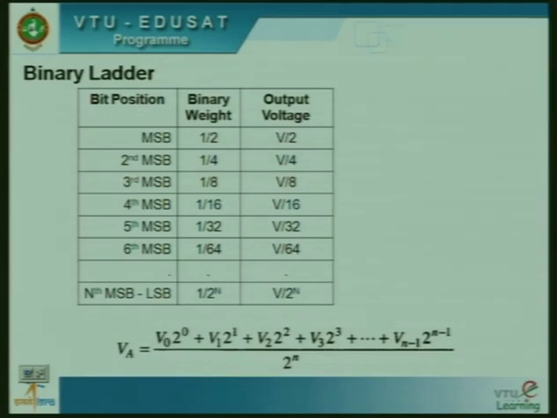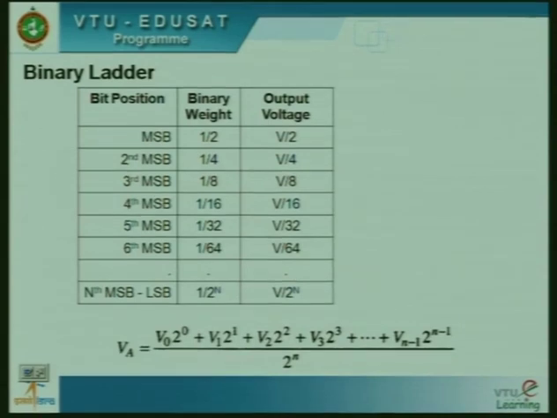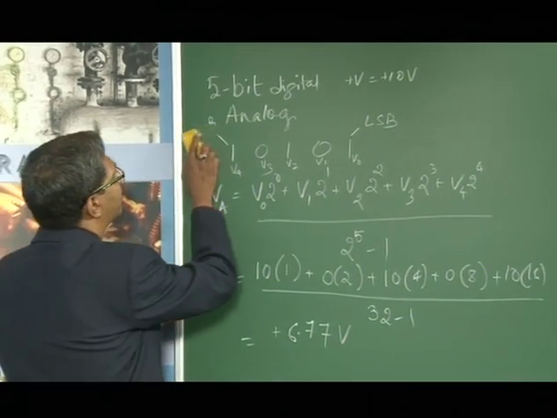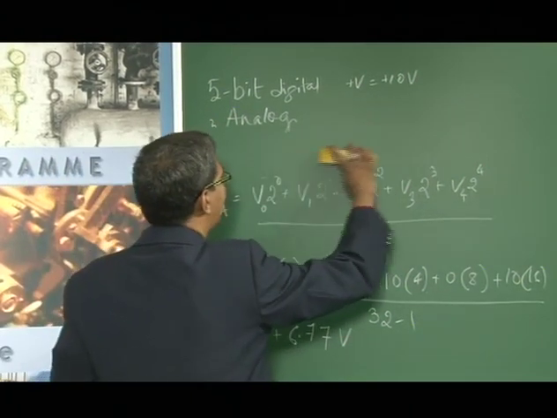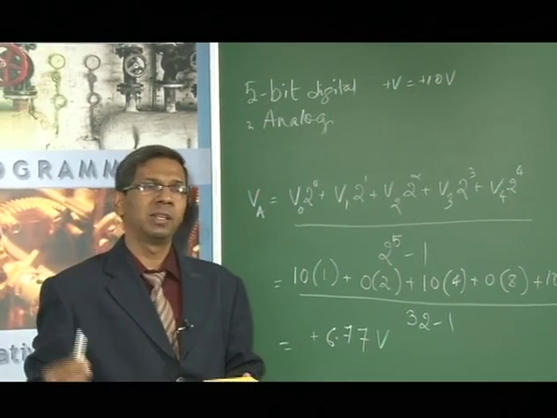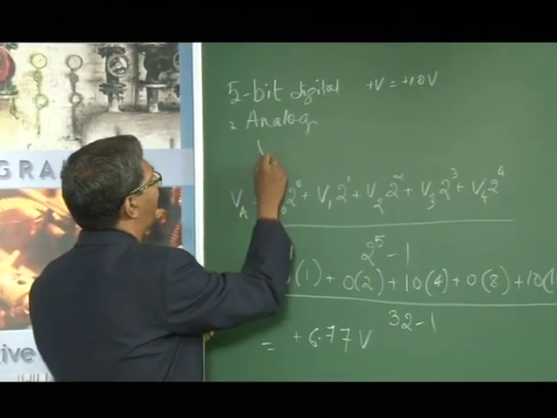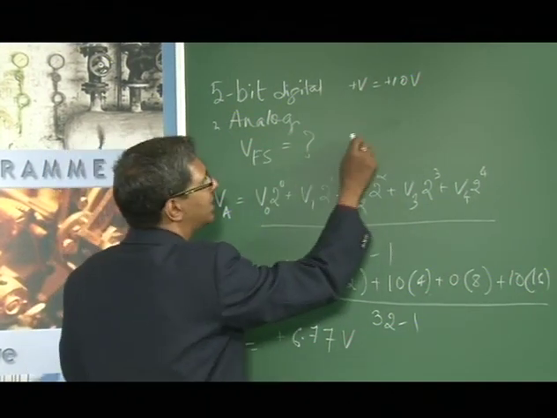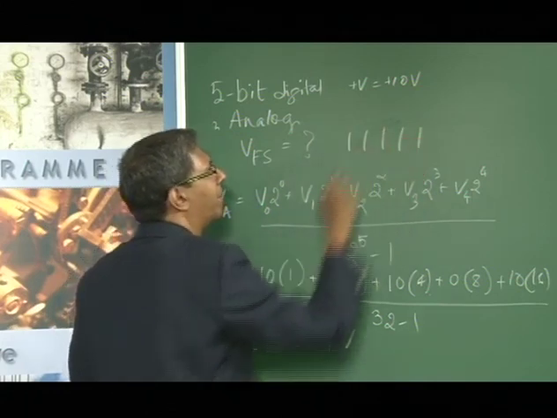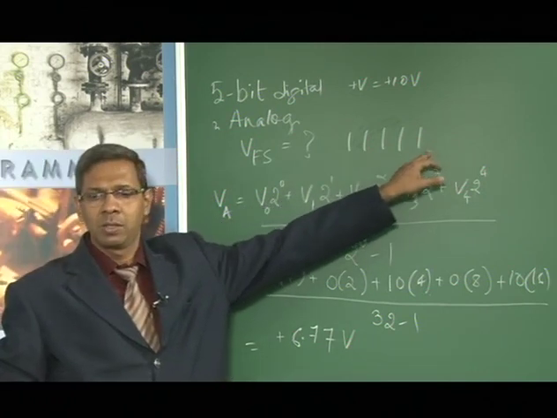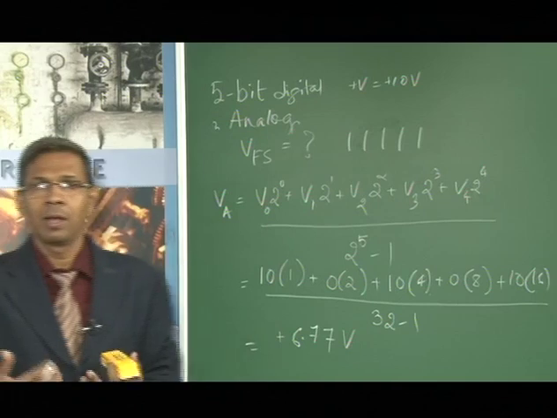Let us try to find the value of the voltage for a full scale, because my implication is that a binary ladder network will never have a full scale value which reaches the supply voltage. So my question is, what is the full scale value? Full scale means the binary input is 1, 1, 1, 1, 1. So the digital input to the 5-bit converter is all 1s. What is the actual full scale value?